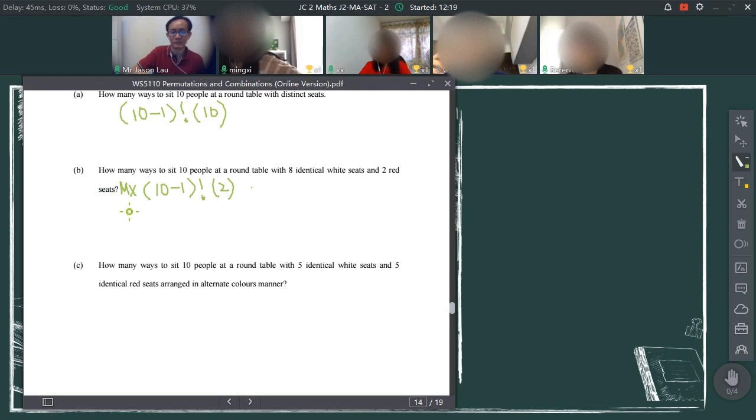Don't need to times 2? Wait, is it (10 minus 1) factorial times 2 plus (10 minus 1) factorial times 8? Times 2? Like this? The other one is not times 8. Times 8, yeah.